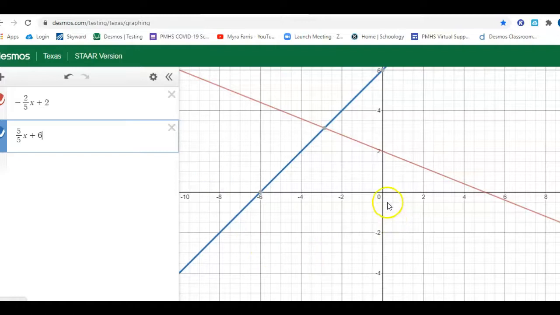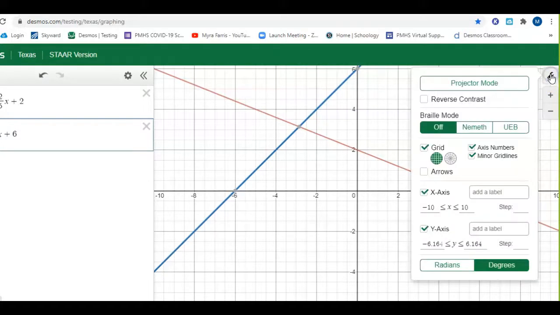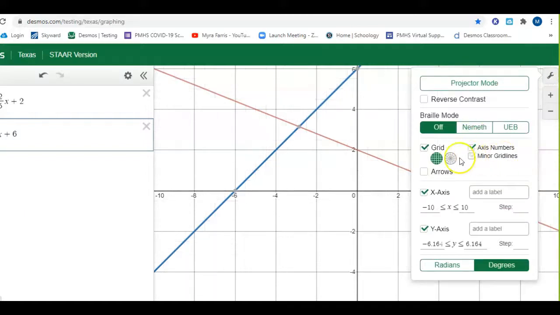Now, do you notice that this counts by 2's and has all these other little lines in there? I don't like that setup. So over here, do you see where it has the monkey wrench? I'm going to click on that, and I'm going to take off this check that says minor grid lines.